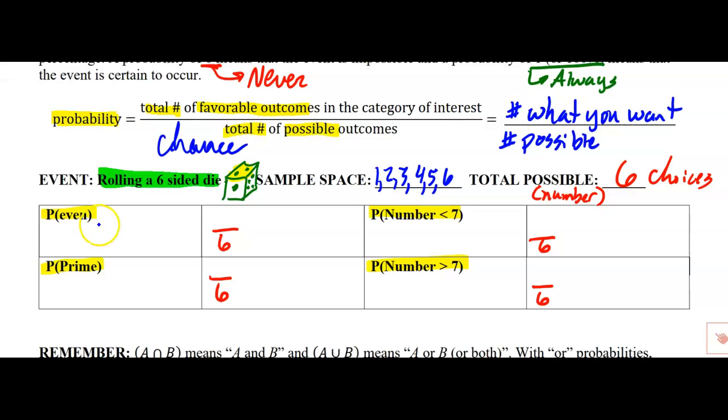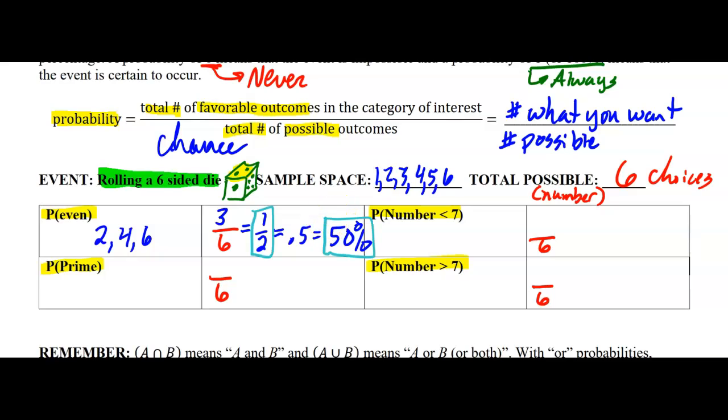Well, what numbers are even out of our sample space set? I could roll a 2, a 4, or a 6. How many choices is that? That's 3. So that is 1/2 as a reduced fraction, 0.5 as a decimal, 50% as a probability, okay?